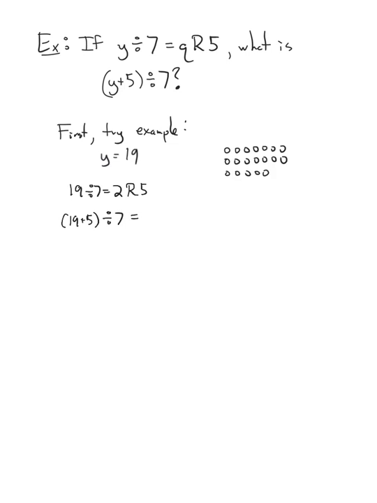So let's add 5 dots. This is the same, of course, as 24, since 19 plus 5 is 24. So 24 divided by 7. Remember, I'm adding 5 dots. I'm going to add them in red. So here are my 5 dots that I'm adding. I'm going to complete the row if I can, and I can. 1, 2, 3, 4, 5.